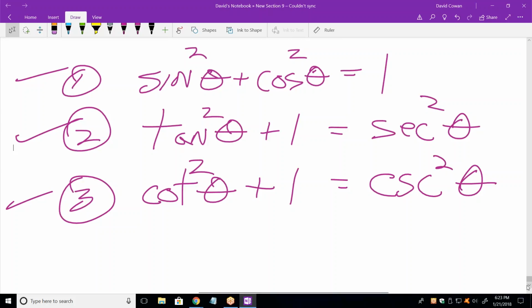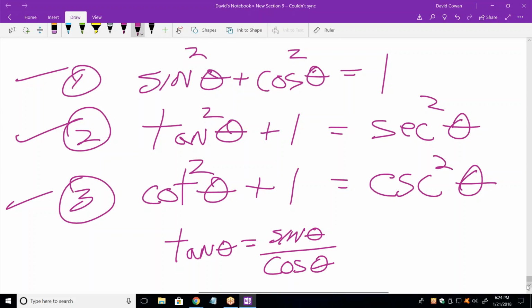You have these 3, which are called Pythagorean identities. And then you have 2 more. That is tangent of theta equals sine over cosine. And cotangent of theta equals what?